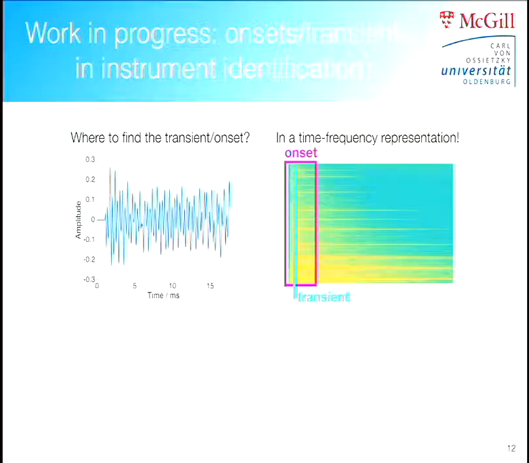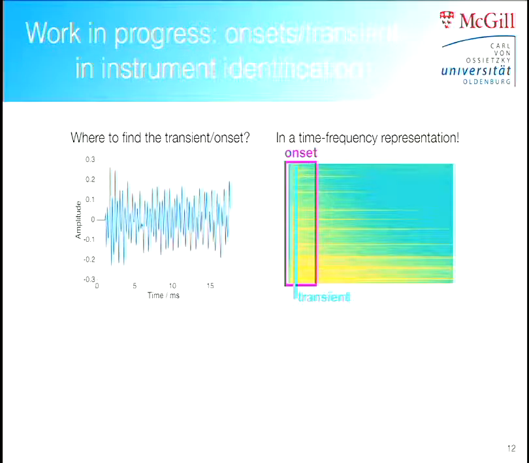So here's a proposal, kind of my working definition. I call the onset of a tone just the first part of it, and opposed to that, the transient is really what is visible as a vertical component in the spectrogram. So it's a rapidly varying fine structure, so to say, as opposed to the more stationary tonal components.